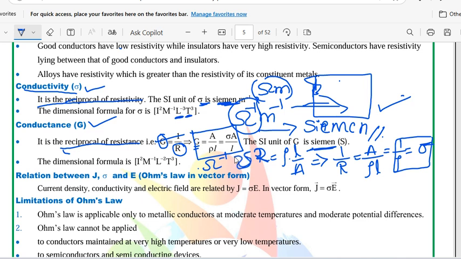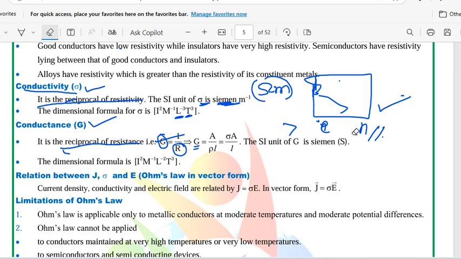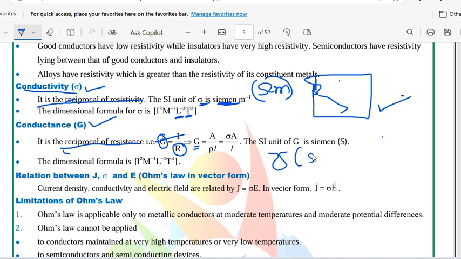You can also write Siemens like this. The reciprocal of resistance is given by G is equal to 1 by R. So G is equal to A divided by rho into L, where 1 by rho is equal to sigma, so G is sigma into A divided by L. The SI unit of G is Siemens.